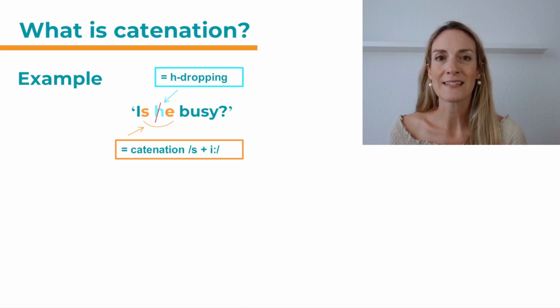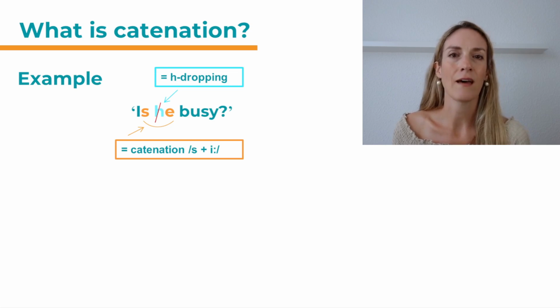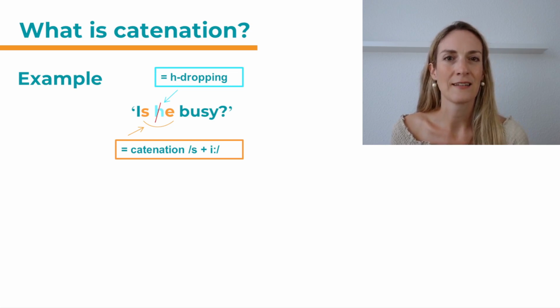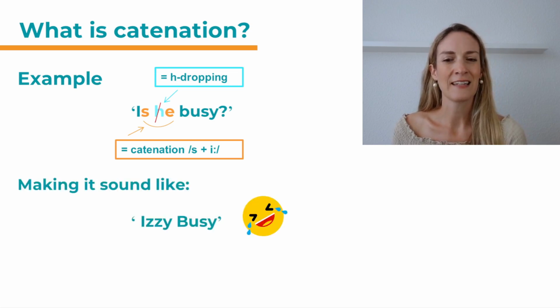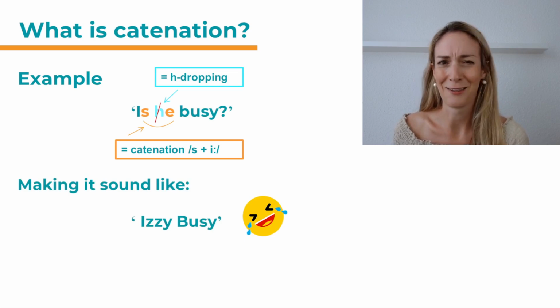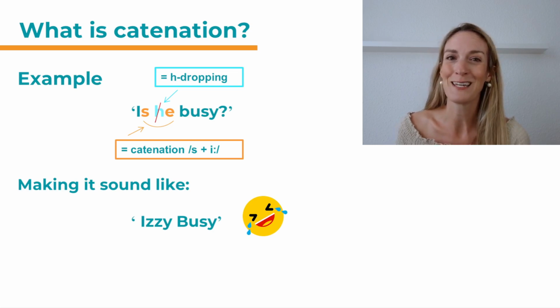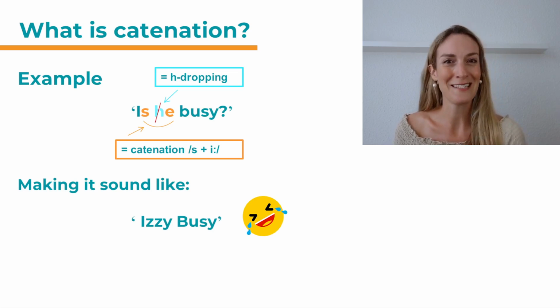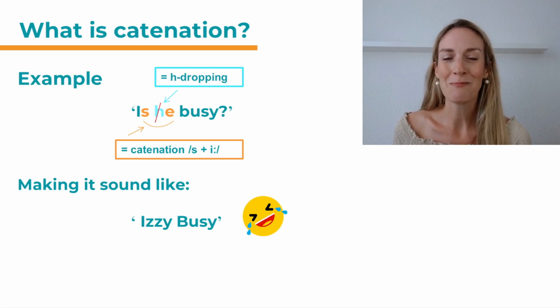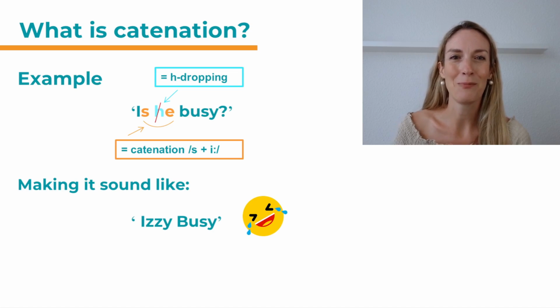And so the "is he" becomes "izy." And really, it sounds like "Izzy busy." You think, I've never heard of a person called Izzy busy. Maybe there is. Izzy is usually the short version of Isabel. So "Izzy busy," really, it means "is he busy?"